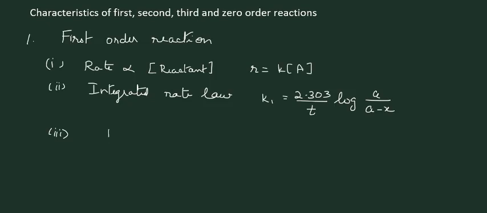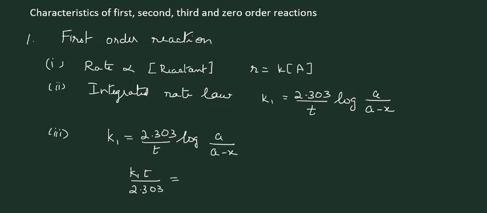For that, we have to rearrange this equation. K1 is equal to 2.303 by T log A divided by A minus X. When you rearrange this, we will get K1T divided by 2.303 is equal to log A divided by A minus X.